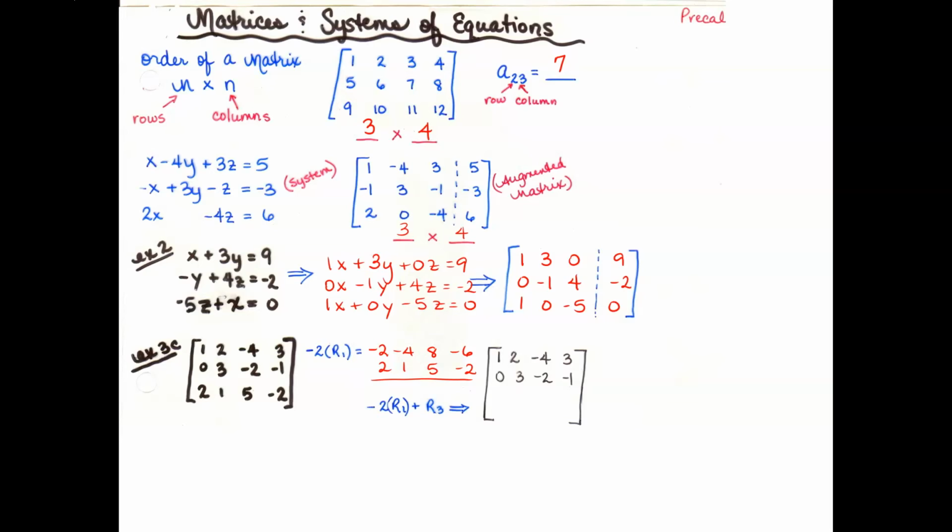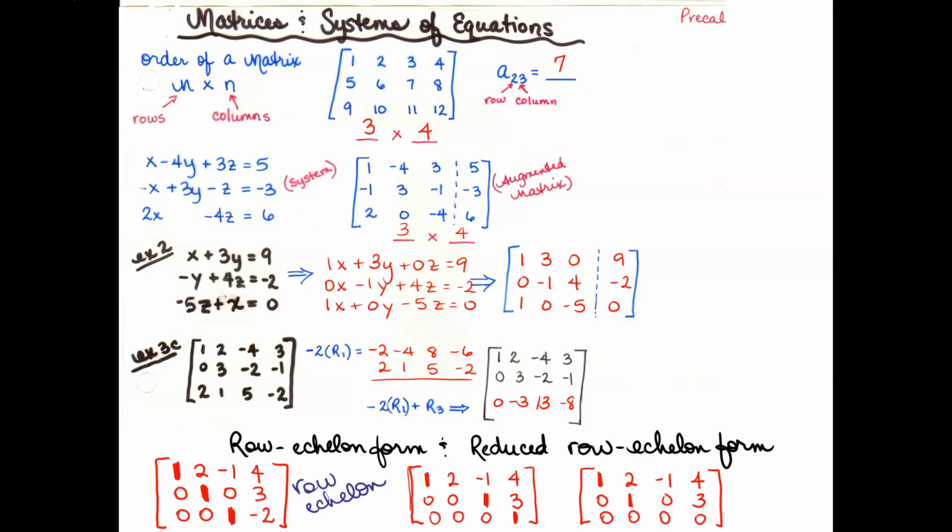We're just going to add those together. All right, so negative 2 and 2, 0, negative 4 and 1, negative 3, 8 and 5, 13, 6, negative 6 and negative 2. So those are our 3 elementary row operations.